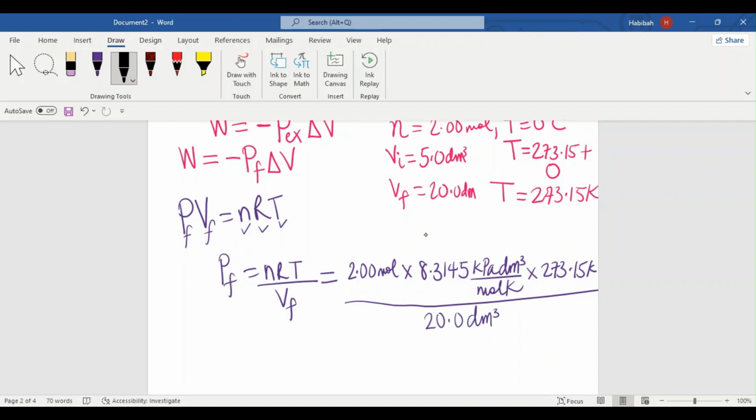Let's cancel out the units: mole, Kelvin, and dm cubed.